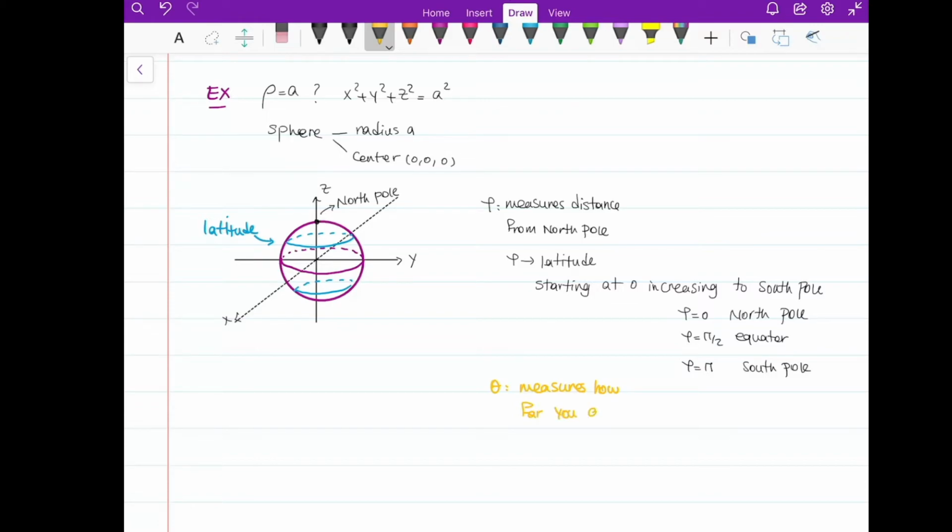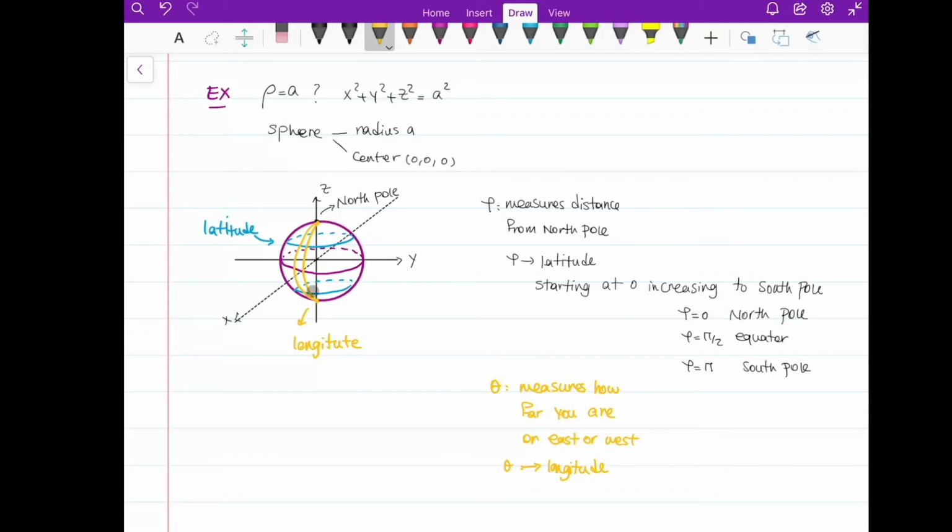Okay, so we can consider these circles from North Pole to South Pole. These are like longitude. So theta corresponds to longitude, and phi corresponds to latitude. Right?